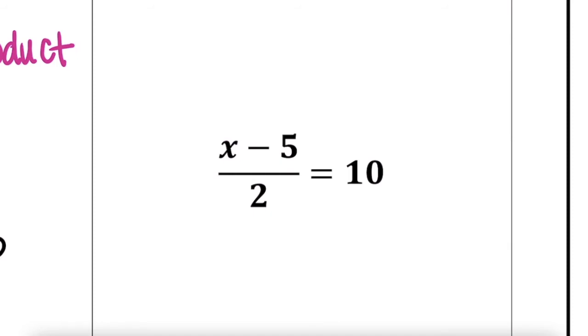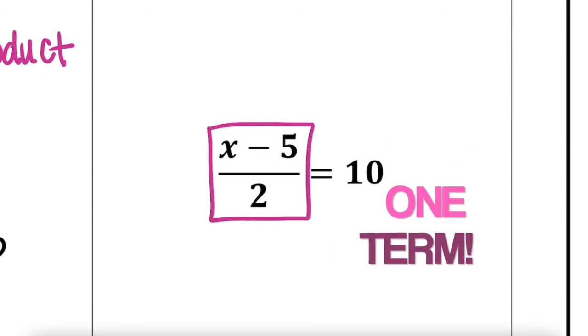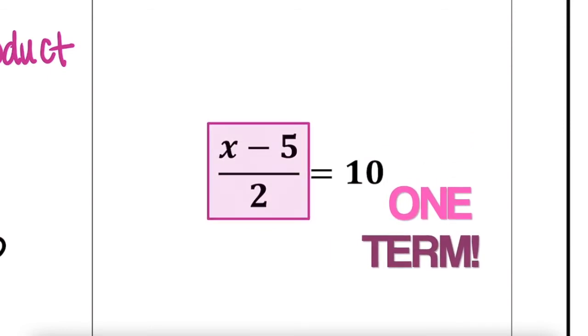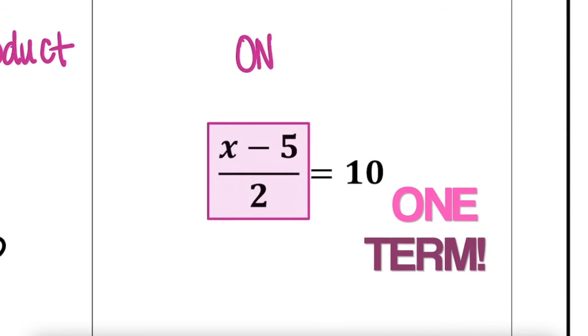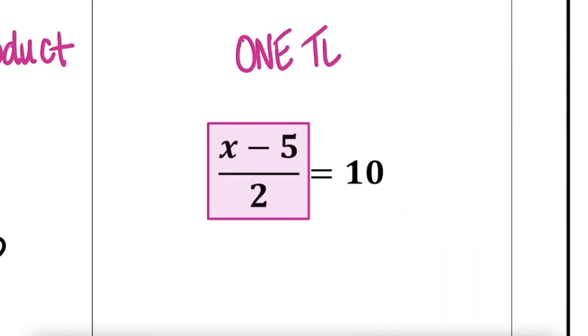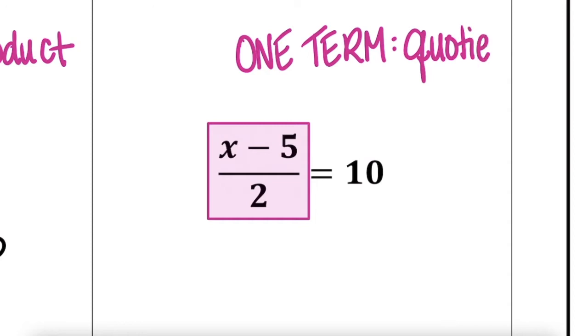If we look over at the second equation, we notice the same thing. There is only one term on this side of the equation. As opposed to the first one, we wouldn't call this term a product though, because everything is being divided by 2. So this term is what we call a quotient.